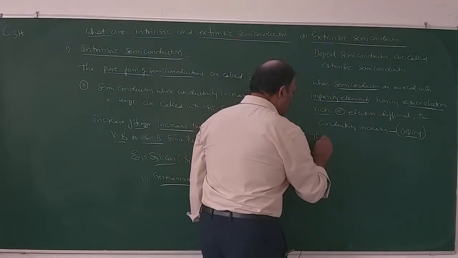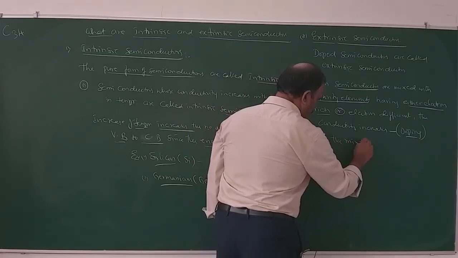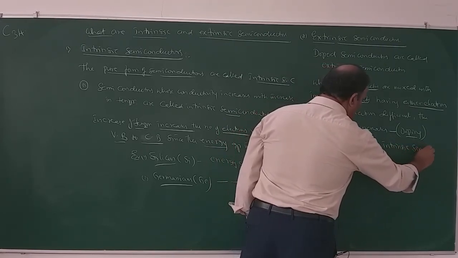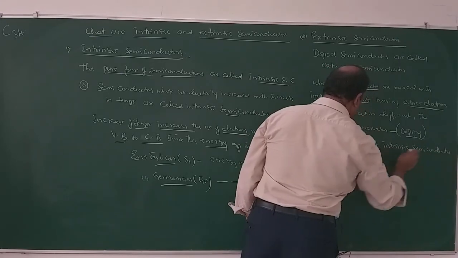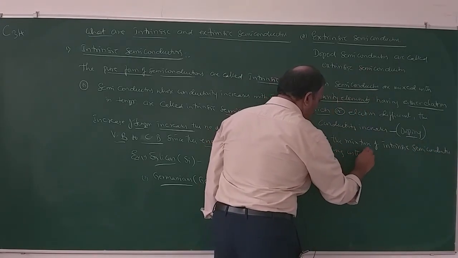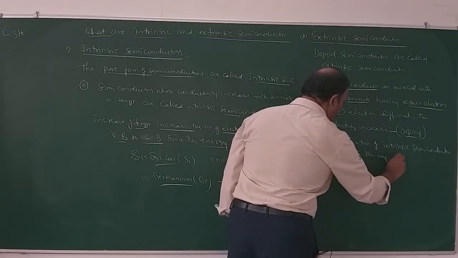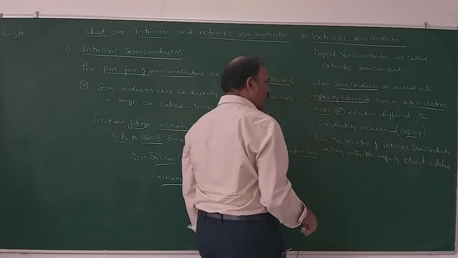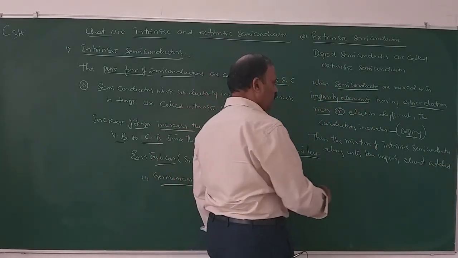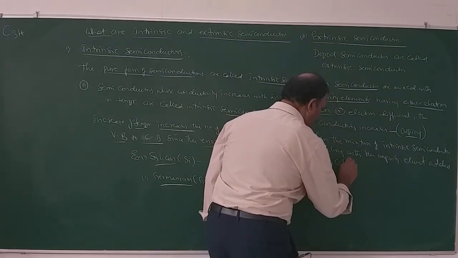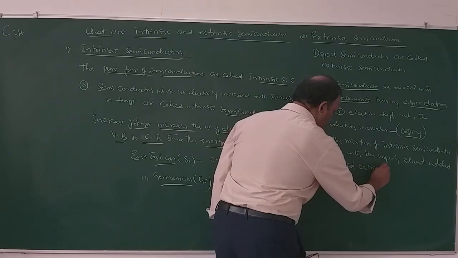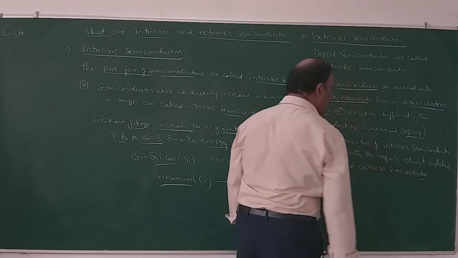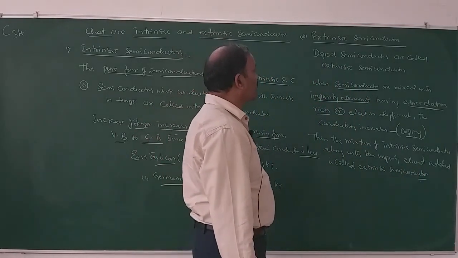Then the mixture of intrinsic semiconductor along with the impurity element added is called extrinsic semiconductor, which are called doped semiconductors.